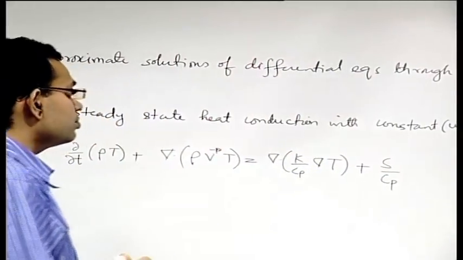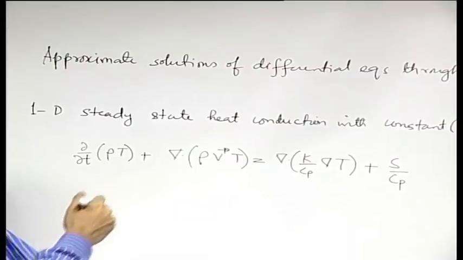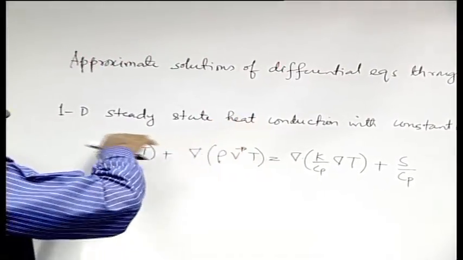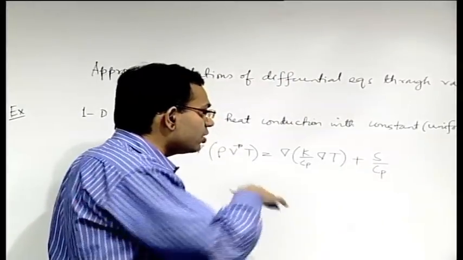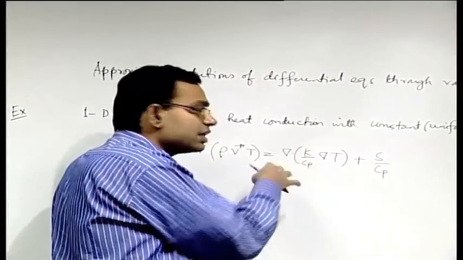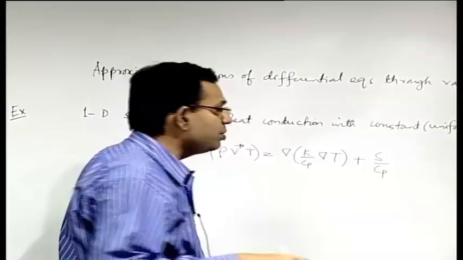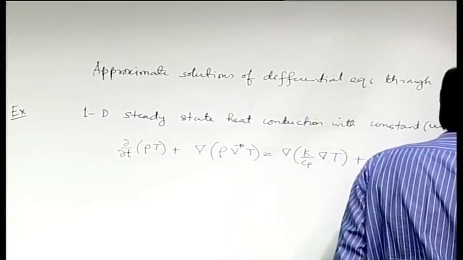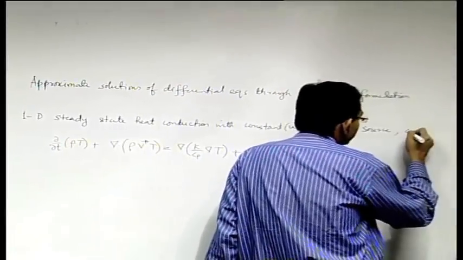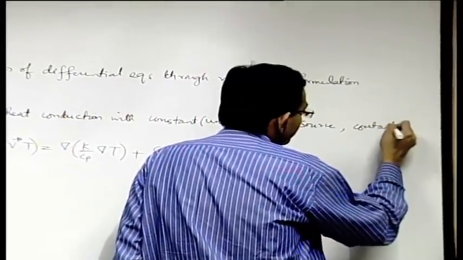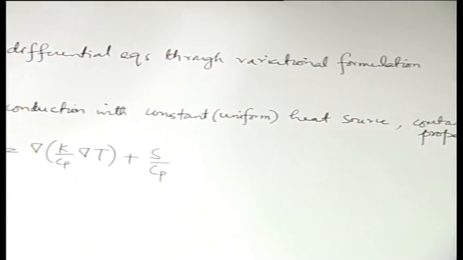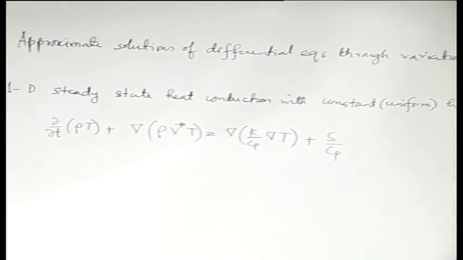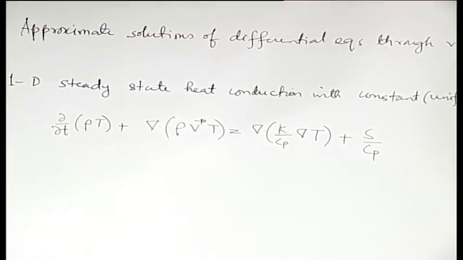Let us make a further simplification, that not only is it a one dimensional steady state heat conduction with constant heat source, but all the thermal properties are constant, like k is constant, Cp is constant. So, we can effectively take k in or out of the derivatives without any constraint.